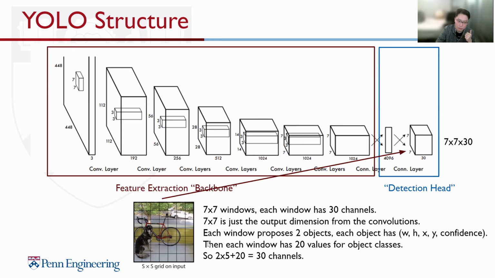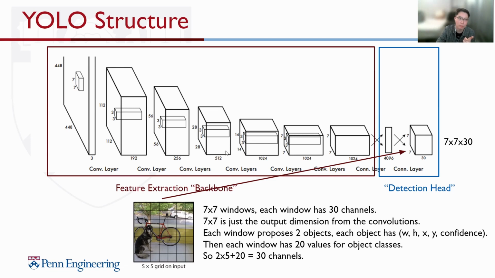And then the original paper has 20 values for object classes. So there are another 20 values for each window that propose the class of this object. So in total, there are 2 times 5 plus 20 equals 30 channels.